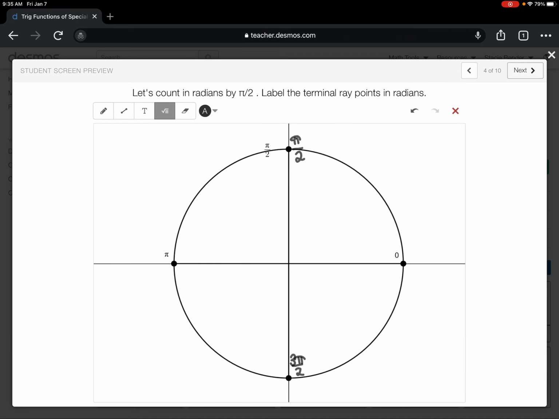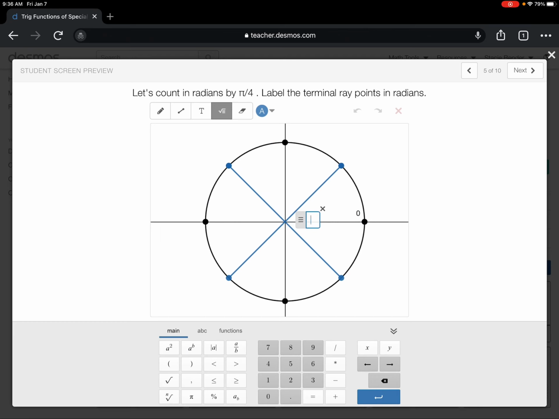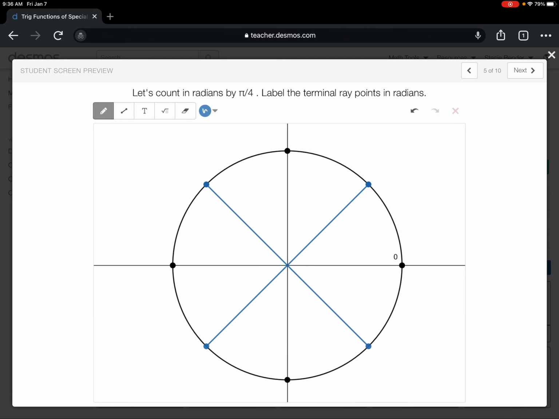So next slide then, we're going to count the circle in radians by pi over 4. So if a semicircle has a central angle of pi, then when we split it into 1, 2, 3, 4 equal pieces, then this is going to be a 1 pi over 4, a 2 pi over 4, and 2 pi over 4 is the same thing as pi over 2 we found a moment ago.